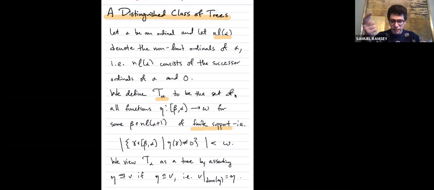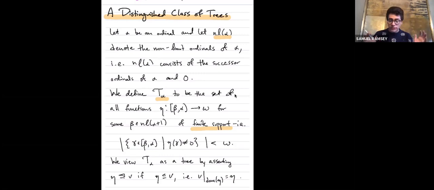The second thing is that these functions have domain starting at a non-limit of alpha plus 1. Why alpha plus 1, not alpha? Well, if alpha is a successor, then I want the empty function to be one of the possible functions. If I have the interval from alpha, closed bracket alpha, alpha round bracket, by that I mean the empty set, right? I exclude alpha from these intervals.